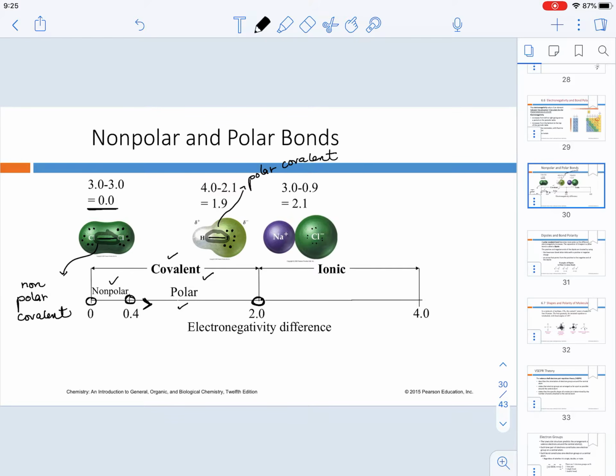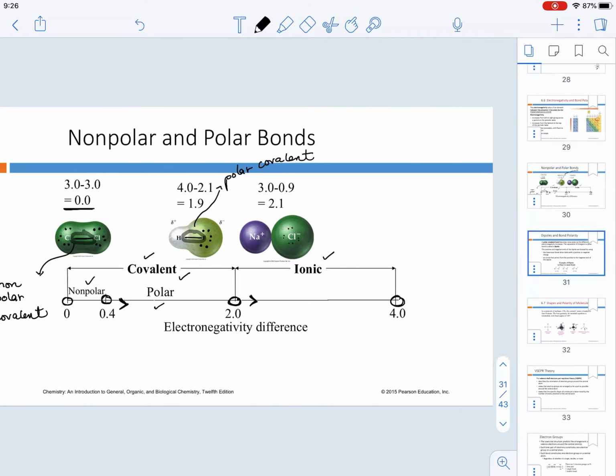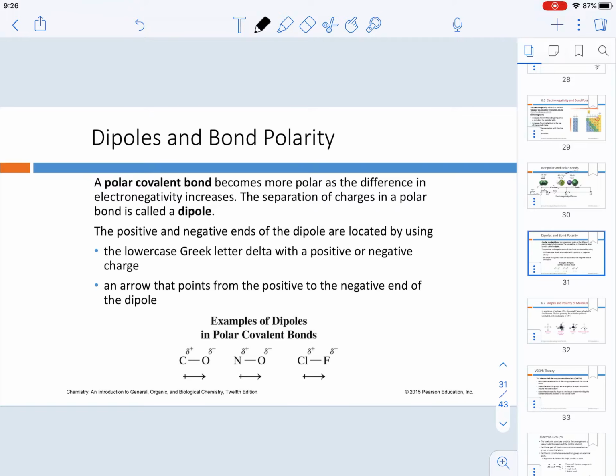If we look at the electronegativity difference between chlorine and sodium, then we notice that because it is 2.1, what is unifying them is an ionic bond. So anytime you have an electronegativity difference higher than 2.0 up to 4.0, then that means that we have an ionic bond.